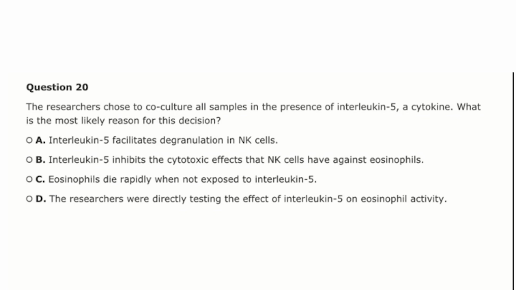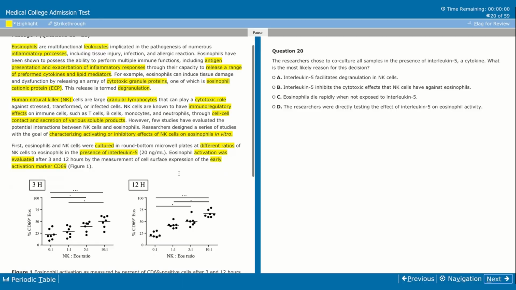Question 20. The researchers chose to co-culture all samples in the presence of interleukin-5, a cytokine. Which is the most likely reason for this decision? So we have a little bit of discussion of interleukin-5 in this third paragraph.